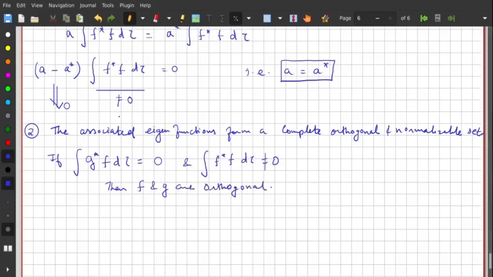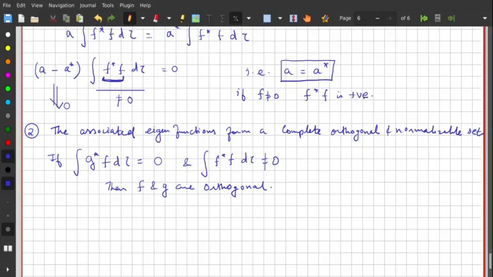One important thing you realize here is that when you multiply a function by its complex conjugate, this is always a real, positive quantity. So if f is not equal to 0, f star f is always positive.